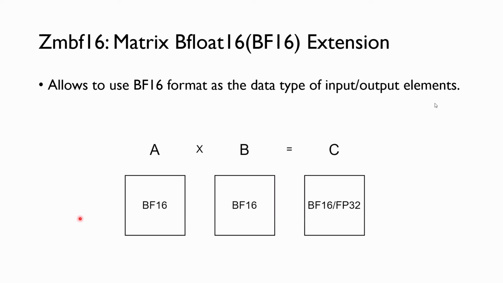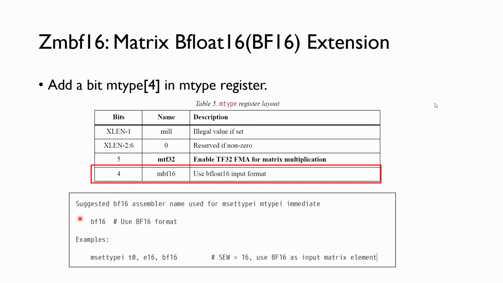The instructions are quite the same, except we add a single bit for TensorFloat 32 and bfloat 16. We add one respective bit in the M-type CSR for each extension.